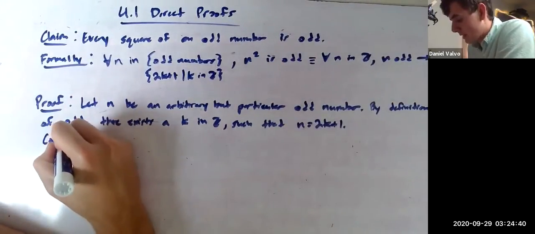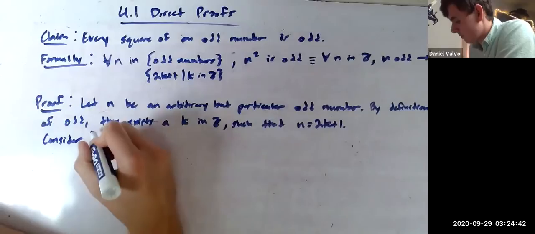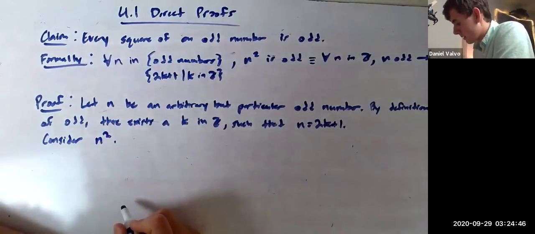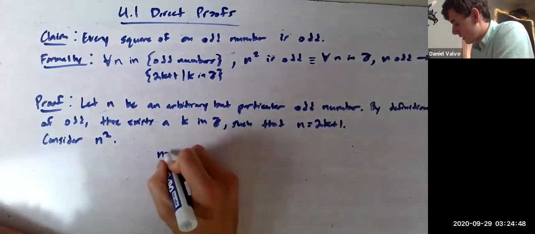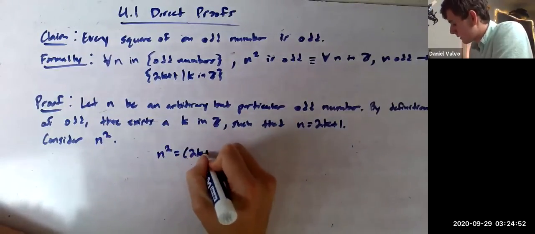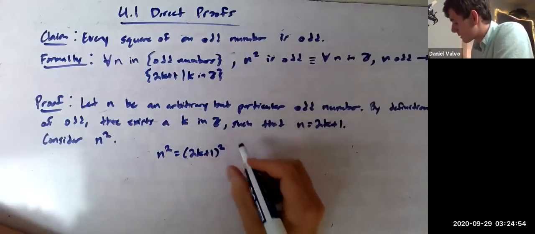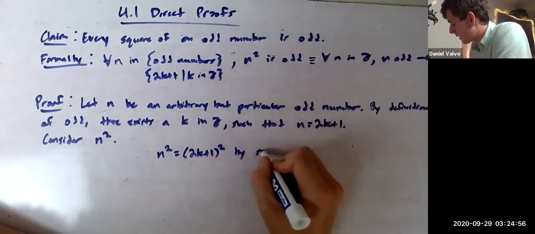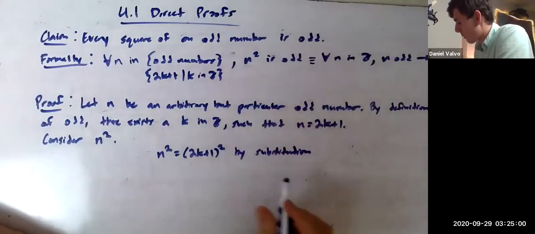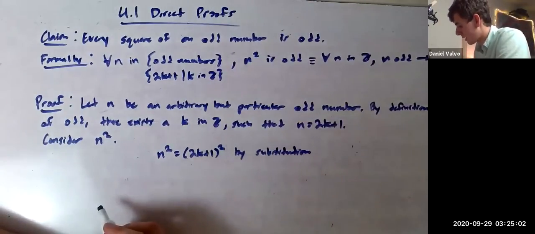Now let's consider n squared. n squared equals (2k plus 1) squared by substitution, right? We're just substituting 2k plus 1 into here.